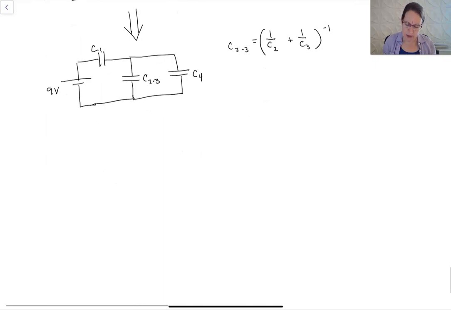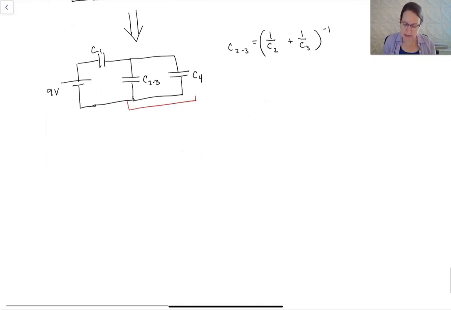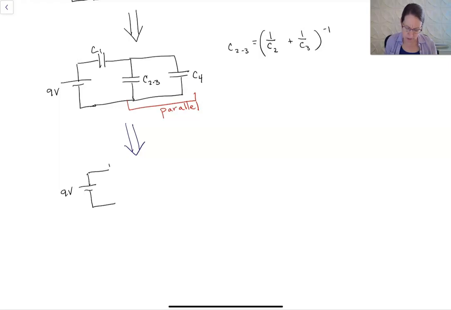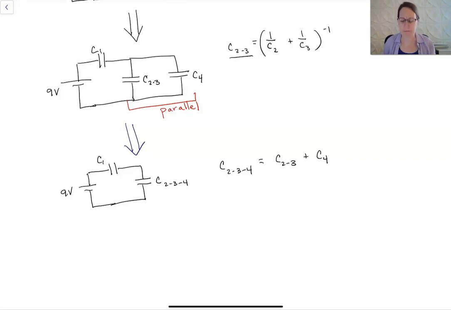Now I can see that these set of capacitors are in parallel, and so I can set this up as 9 volts. I've got now C1, and then I have this combination of the equivalent, that's capacitor 2, 3, 4, where capacitor 2, 3, 4 is just equal to capacitor 2, 3 that we find right up here, plus capacitor 4, because those two are in parallel.